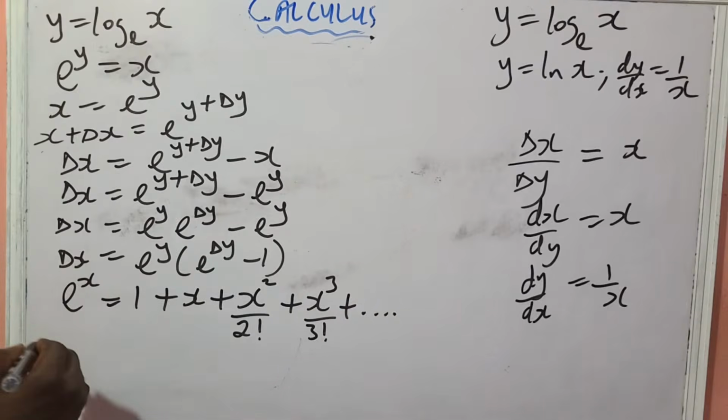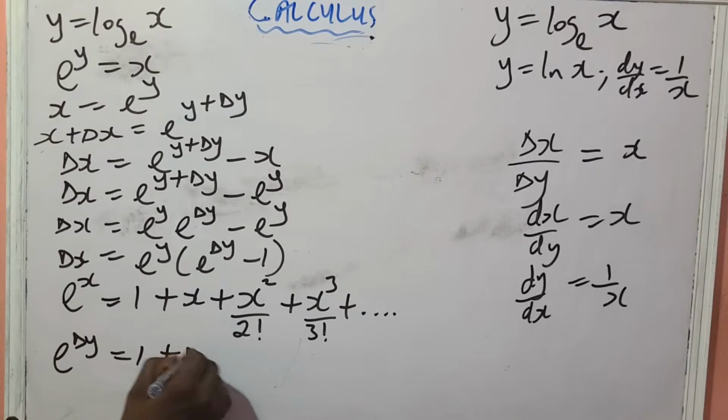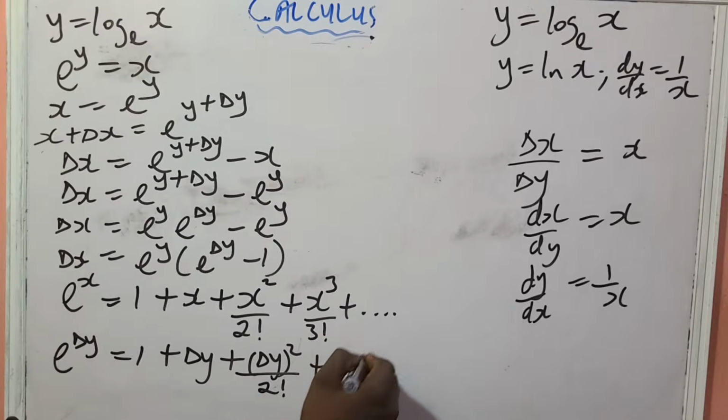So if you are doing it for e raised to power change in y, you will just have 1 plus change in y plus change in y square over 2 factorial plus change in y cube over 3 factorial plus dot dot dot.